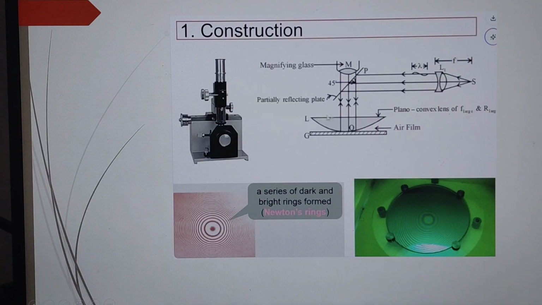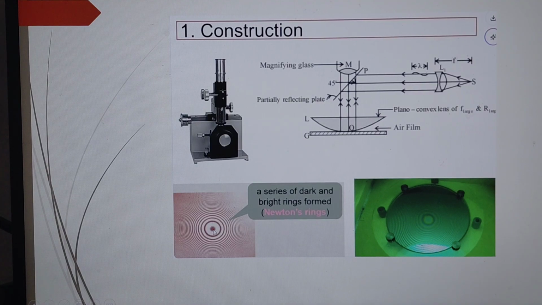Here in the plano-convex lens we can observe the formation of Newton's rings, the dark and bright rings.